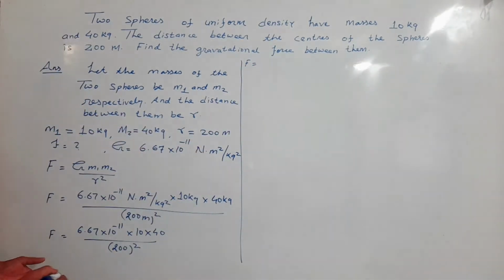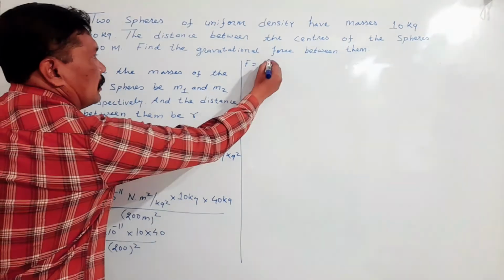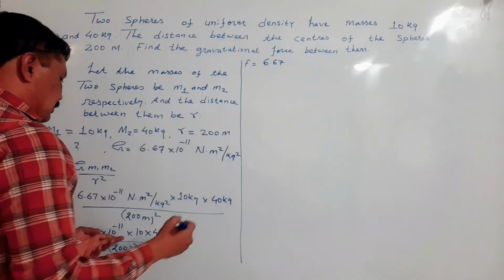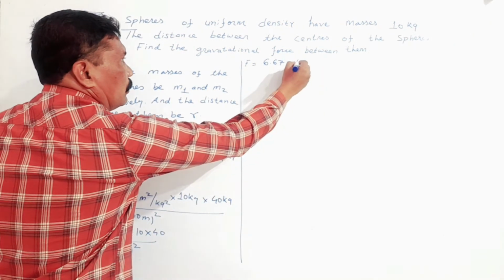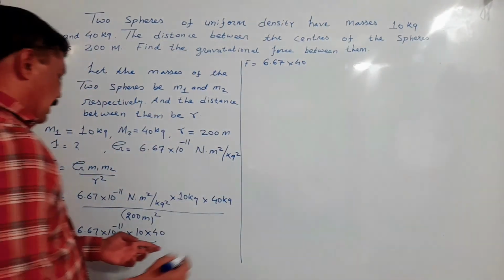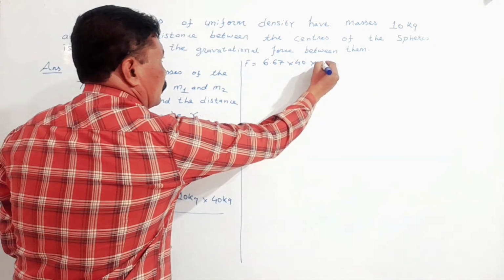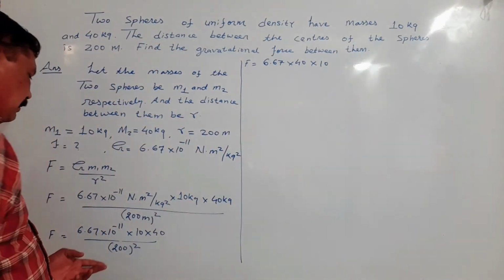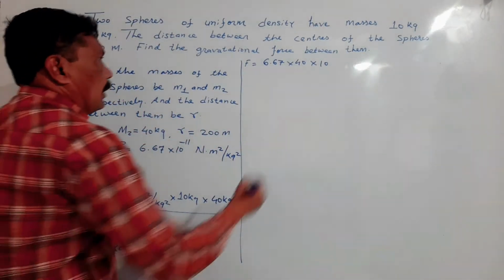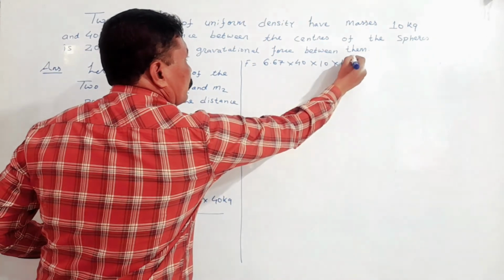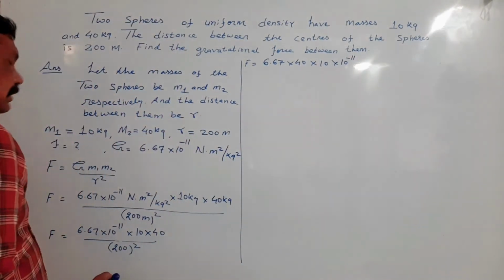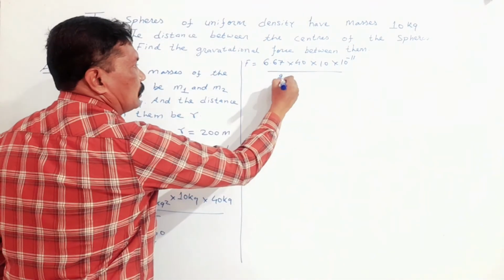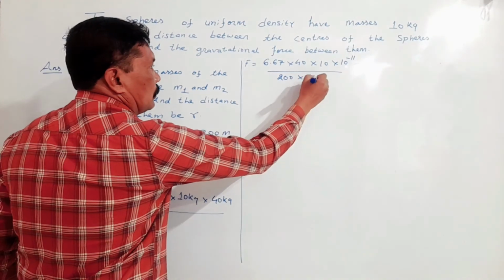F is equal to, my dear student, we will write 6.67 as it is, into 40 as it is, into 10 and into 10 to the power minus 11, and 200 square we can write as 200 into 200.